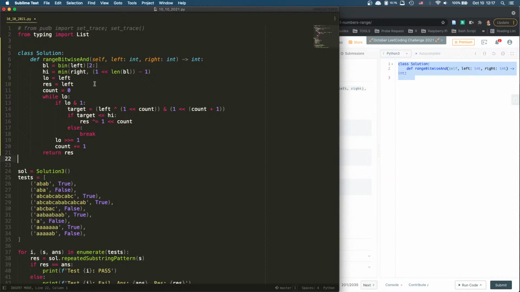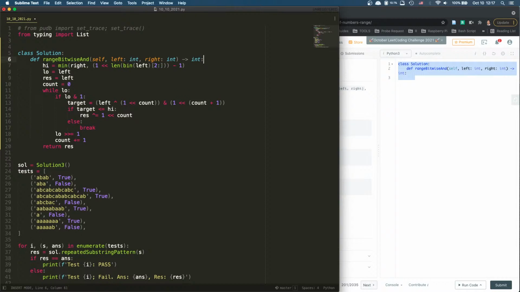All right, so what can we do to make this high? We use high. Binary left, we use only once, so I can just put this one here. So high, and then we can say low, res, and a count equals left, and 0, right?